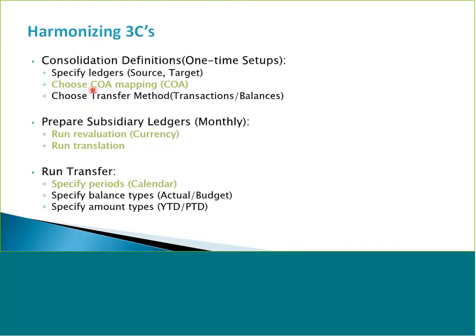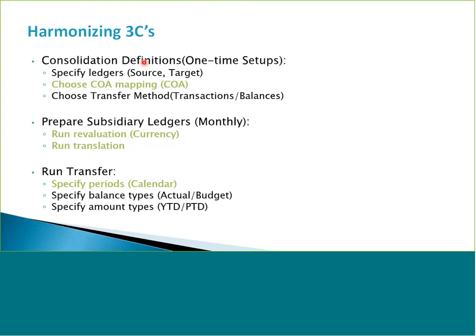We do the harmonization of the 3 C's at different stages. When we're defining our consolidation definitions, we choose the chart of account mapping, which will allow us to harmonize the chart of accounts by choosing what segment in the source maps to what segment in the target. So we do that during the one-time setups.